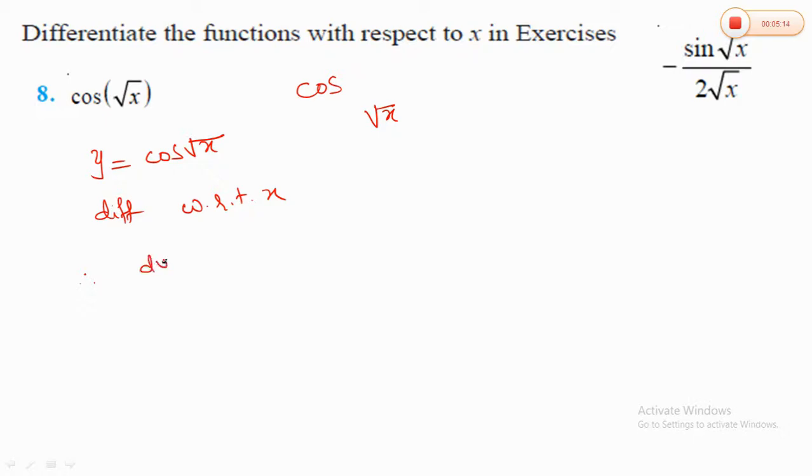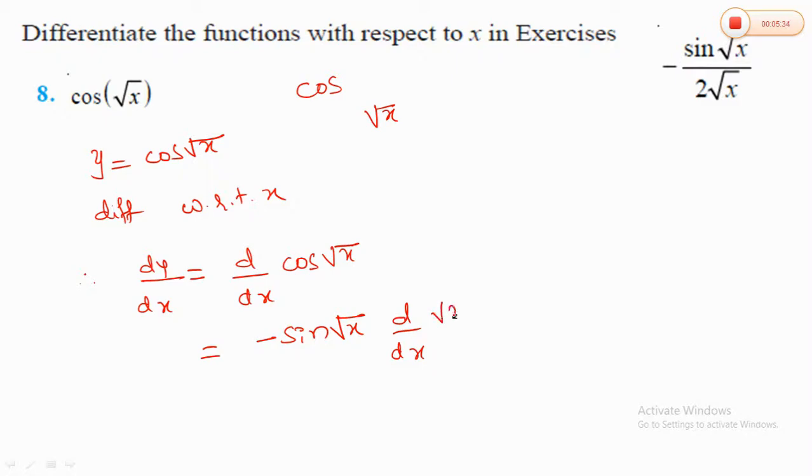Therefore dy by dx equal to d by dx of cos root x. The derivative of cos is minus sine. Write the remaining term, then go for d by dx of root x. So this equals minus sine root x, this into the derivative of root x, which is 1 upon 2 root x. Yes, a simple case it is.